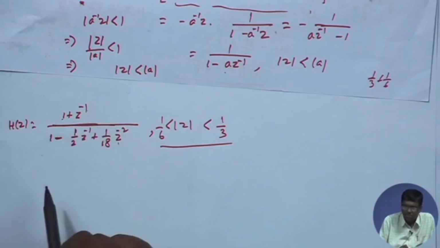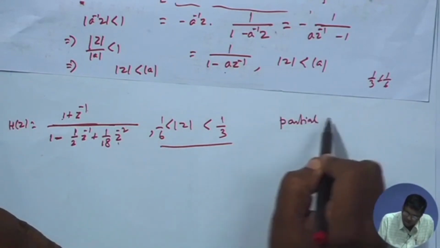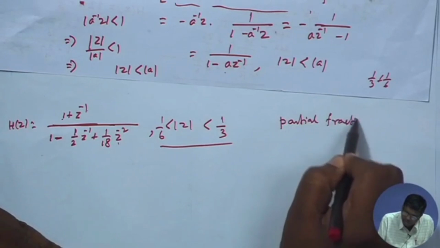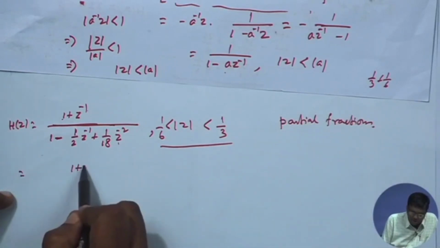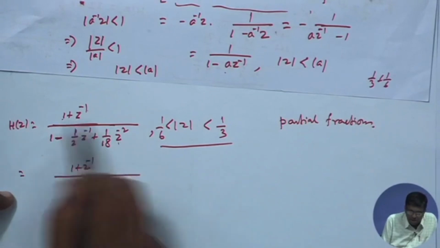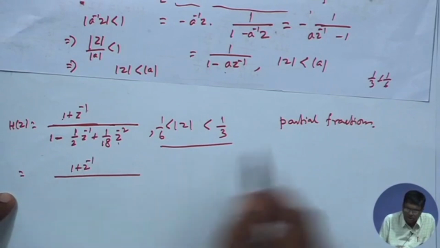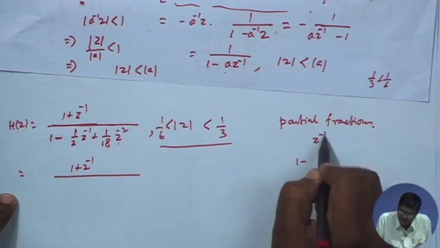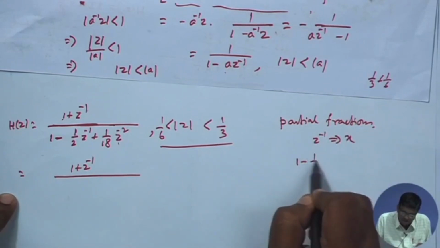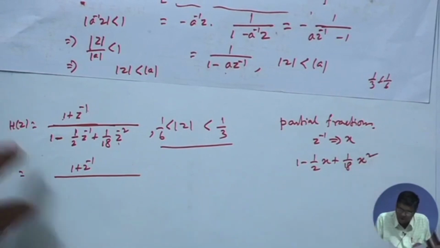This will be handled separately, and we will follow a method called partial fractions. For this, you keep the numerator as it is, and factorize the denominator polynomial into first order factors. If you call Z inverse equal to x, it is 1 minus half x plus 1 by 18 x square.